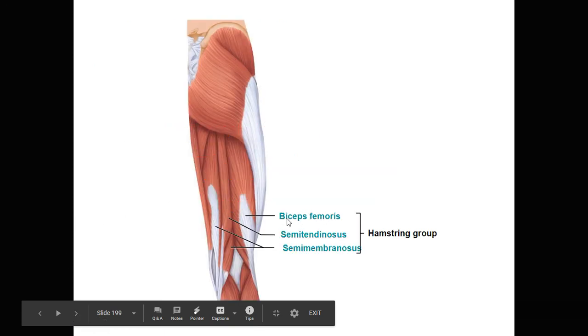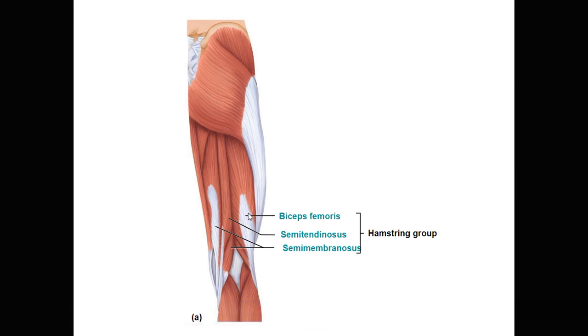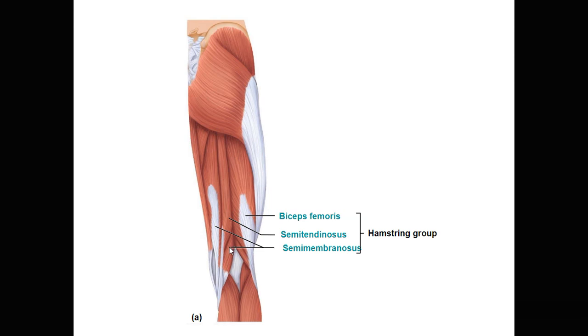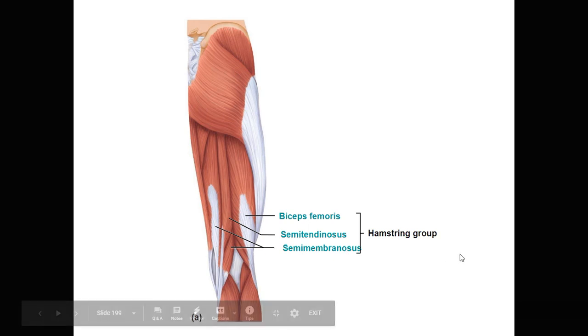So here go your hamstring group, biceps femoris right here, semitendinosus right here, and then semimembranosus right here. All right, those make up your hamstrings.